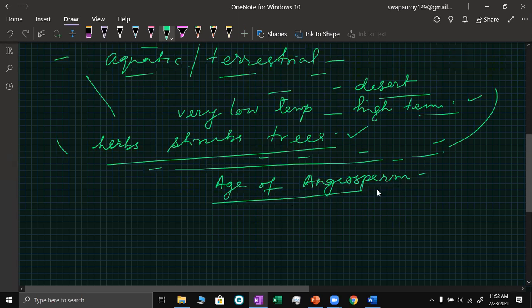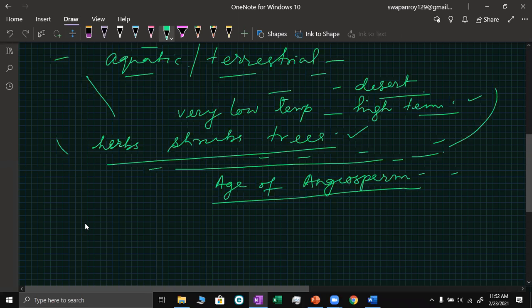In the remote past, when there was only pteridophyte, the climate was such that pteridophytes adapted. They evolved and spread and established themselves. That was the age of the pteridophyte.